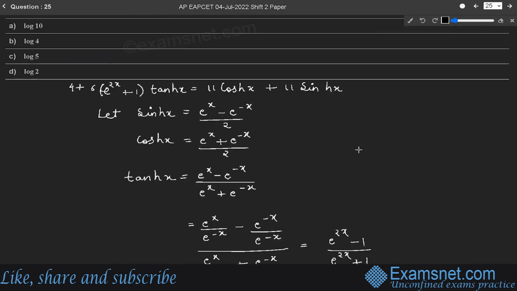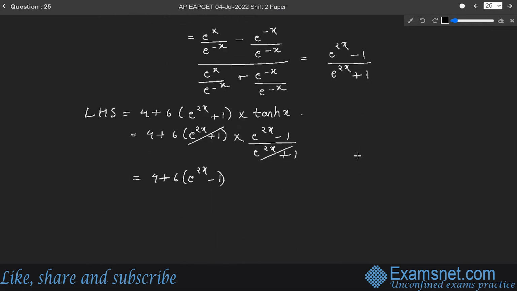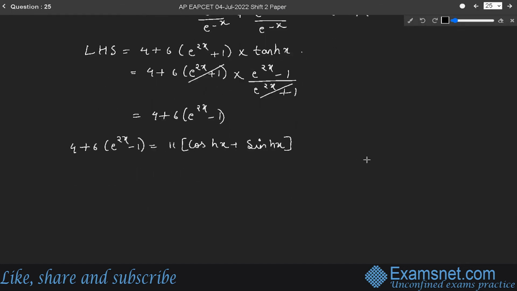Now let us see the right hand side. The right hand side is 11 cos hx plus 11 sin hx. So 4 plus 6 into (e^2x − 1) will be equal to the right hand side, which is 11 into (cos hx plus sin hx). Now we have to put the value for cos hx and sin hx here.